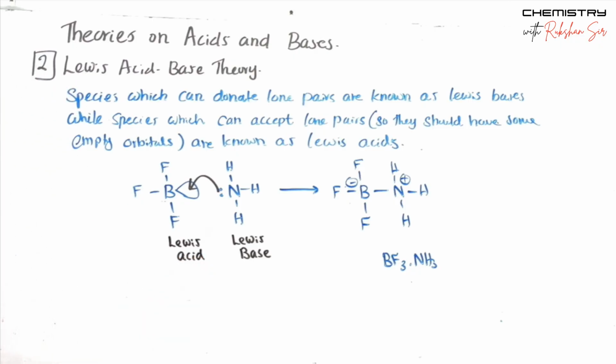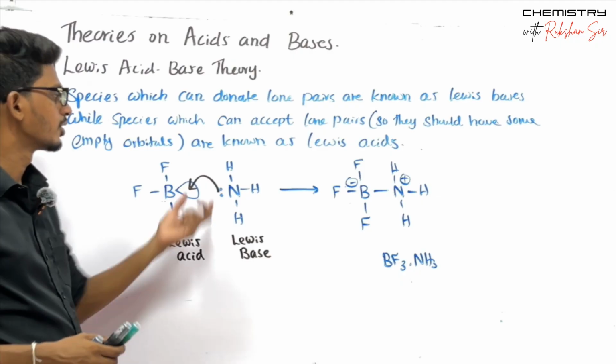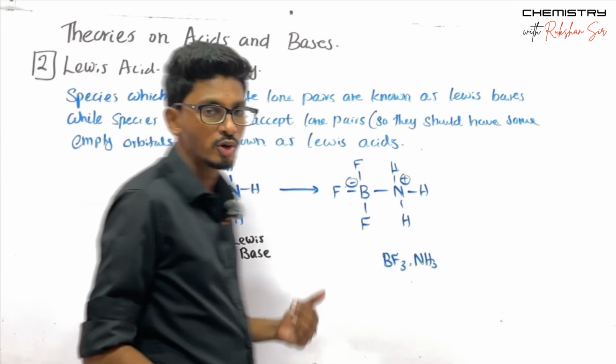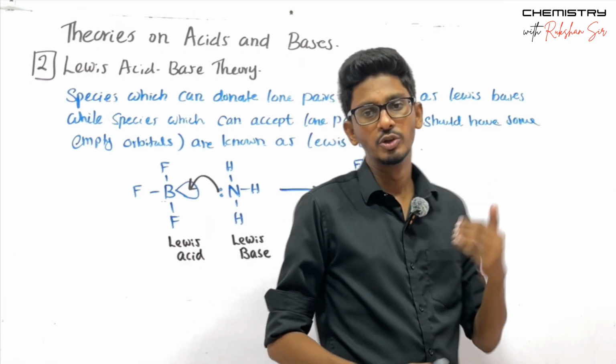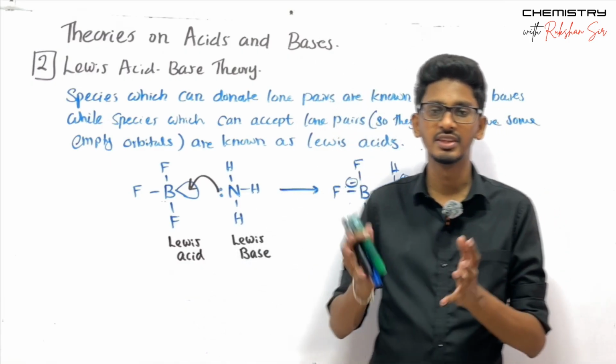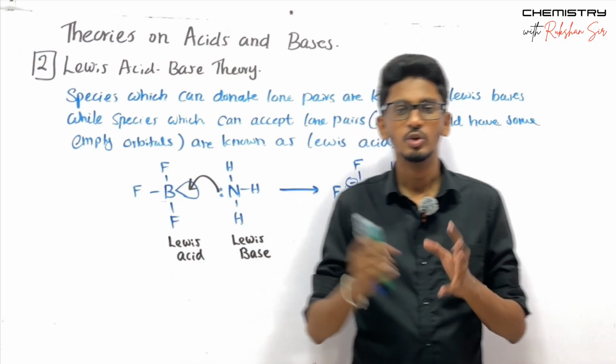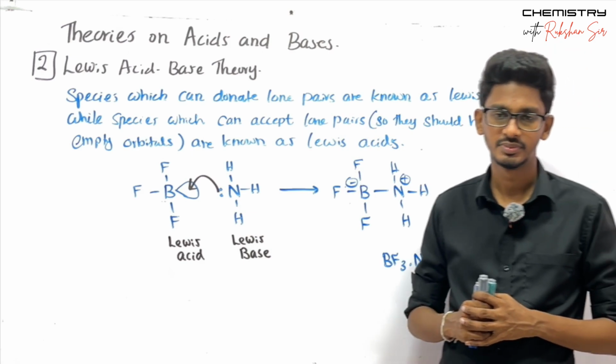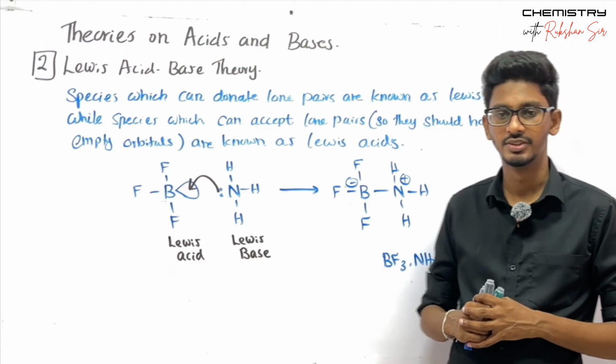This is the Lewis theory, totally concentrating on lone pairs. The lone pair donors are referred to as Lewis bases, while the lone pair acceptors are referred to as Lewis acids. Not like in the Arrhenius theory.